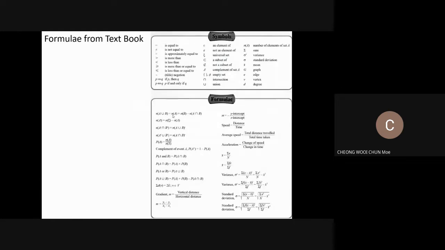These are from the textbook formula, but will not be given out in SPM for you to refer to. This is to make you familiarize with the symbols and the formula, and understand the formula.